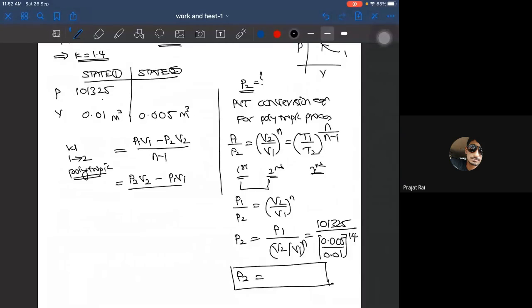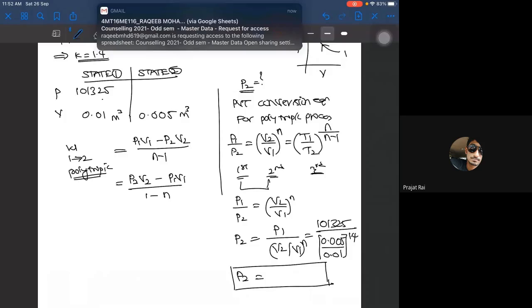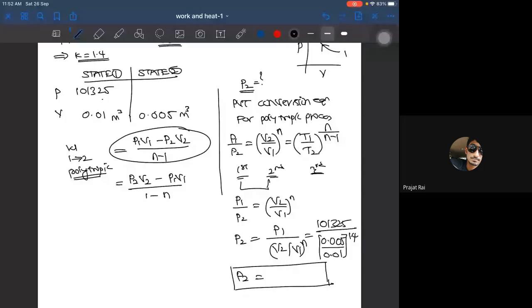P2 V2 minus P1 V1 if you take it as 1 minus n, and P1 V1 minus P2 V2 if you take it as n minus 1. So either of the things is correct. Okay, sir. So in order to avoid confusion, let's follow a uniform way all over the class. It is P1 V1 minus P2 V2 divided by n minus 1. That's it.